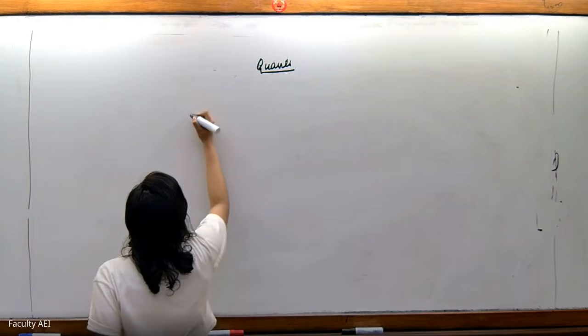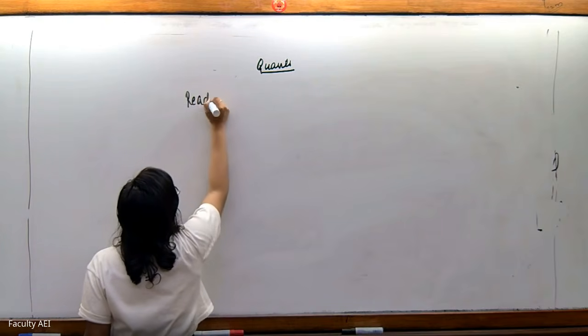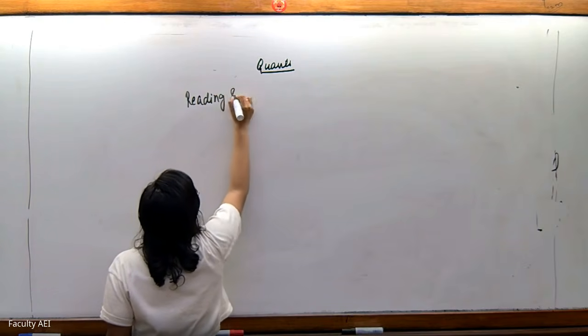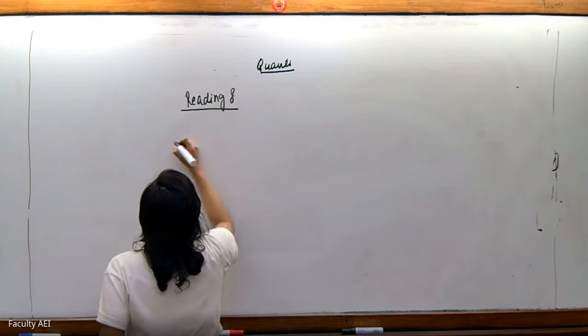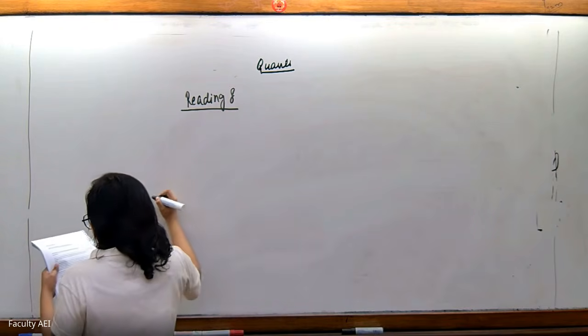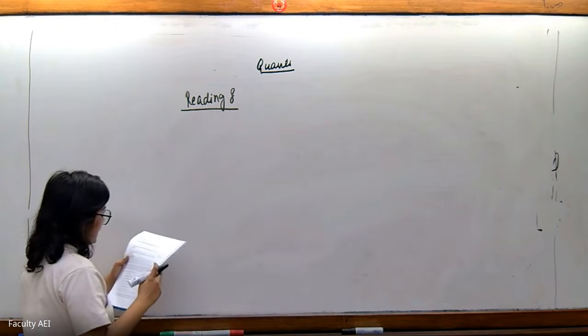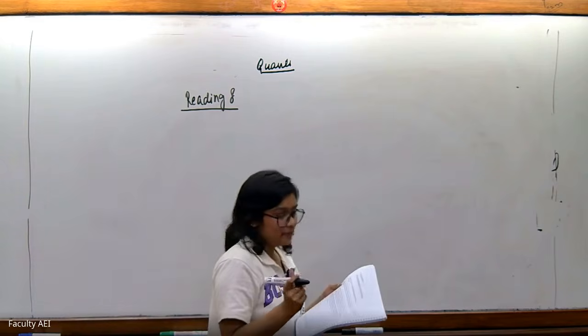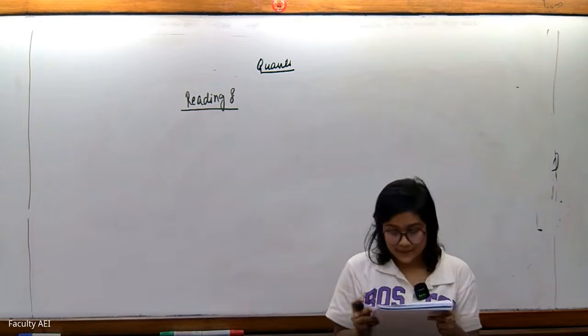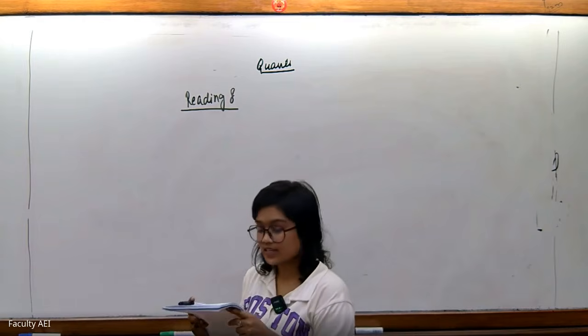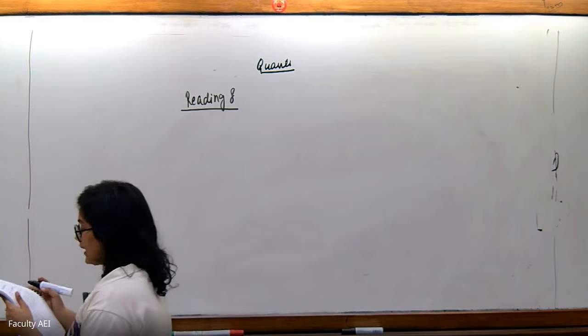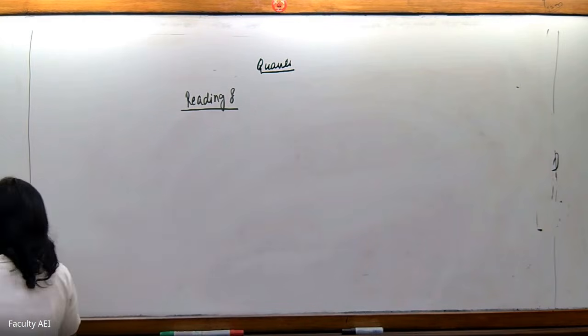Reading 8 is hypothesis testing. LOS 8A is: explain hypothesis testing, including its components, statistical significance, type 1 and type 2 errors, and the power of a test.